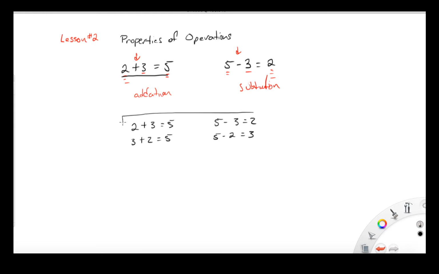This whole thing right here is called a fact family. So if they give you a couple of numbers to do a fact family, we're looking for 1, 2, 3, 4 facts that would complete the family.